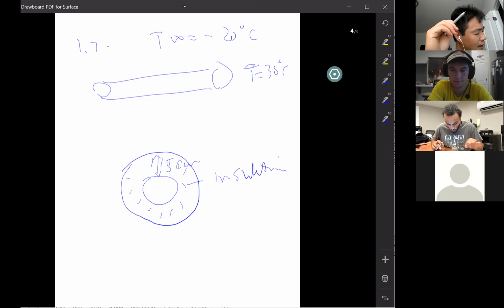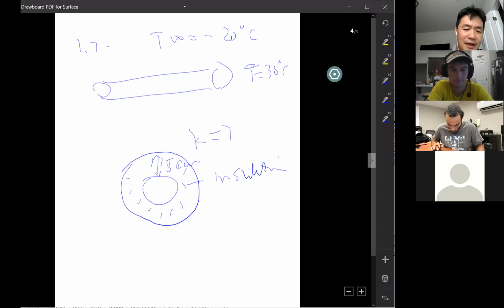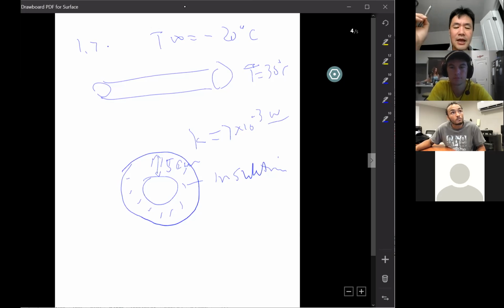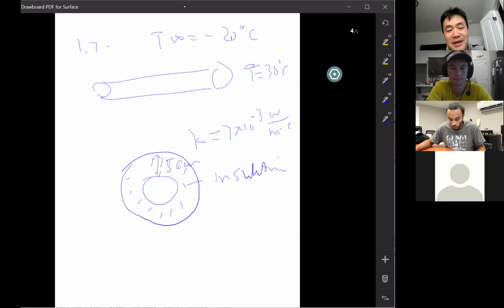And the thermal conductivity K for the insulation is 7 times 10 to the negative 3 watt per meter C. It's very little, right? The K has to be small. If the K is too big, you probably don't want to use it as insulation. The thermal conductivity has to be tiny, so it will stop the heat.